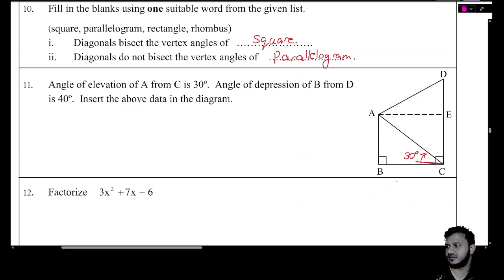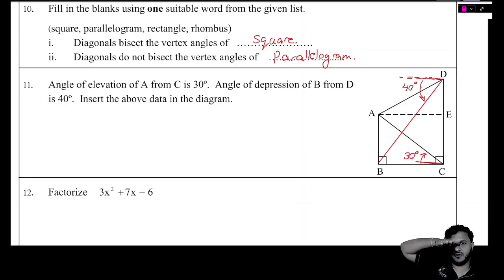The angle of depression of B from D: from B's horizontal line, remember, from the horizontal line, looking downwards towards B, that angle is 40 degrees. Make sure you draw this horizontal line. Depression and elevation are both measured from the horizontal line. From the horizontal line, going upwards is elevation. Going downwards means depression. Okay?